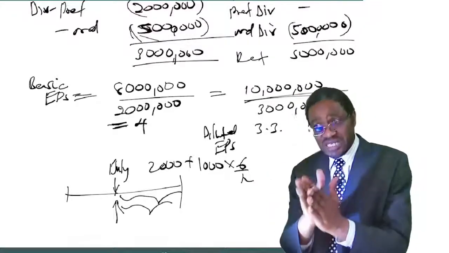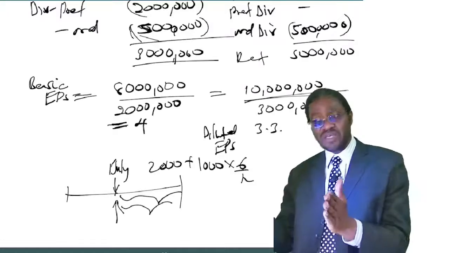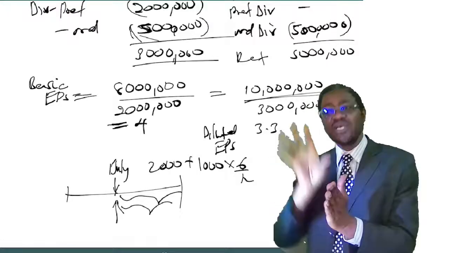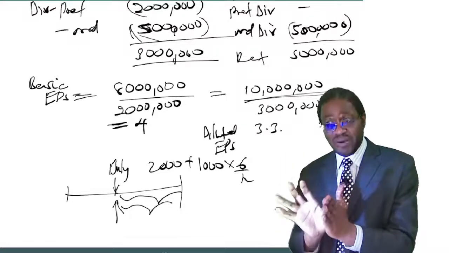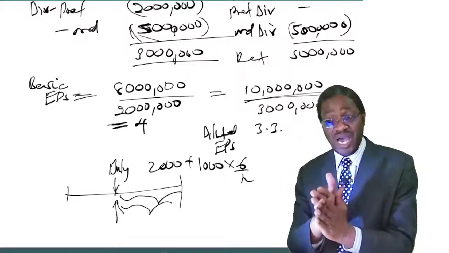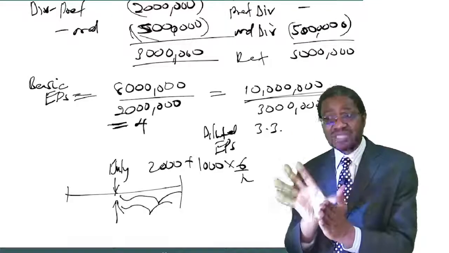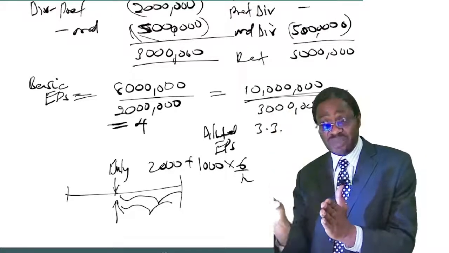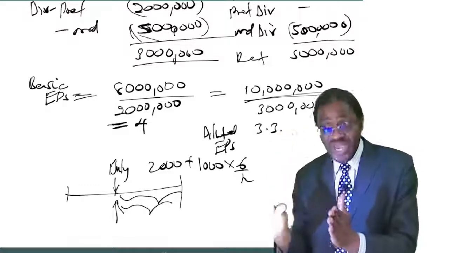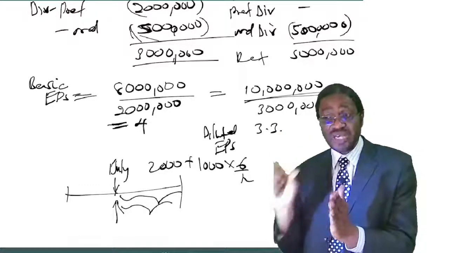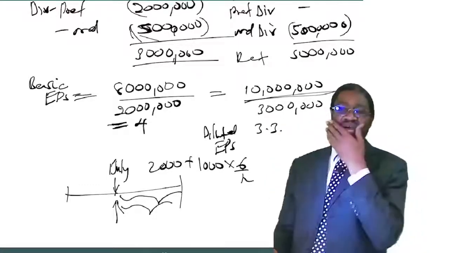So you must have paid dividends for 6 months, and those dividends you paid for 6 months are the ones you would have saved. The number of shares would have been issued in July, which is 1 million, but because they would have been shareholders for 6 months, the shares to be issued must be weighted on time basis.